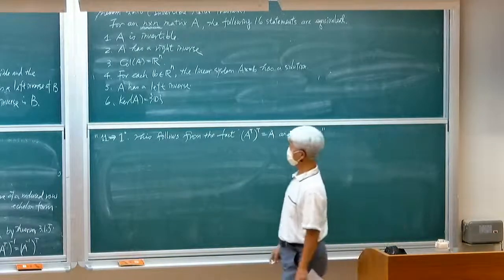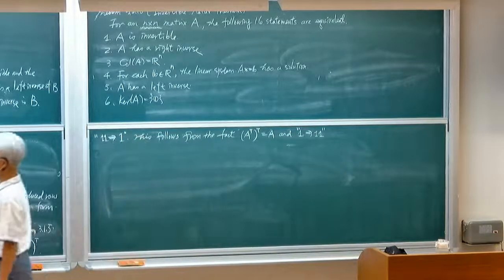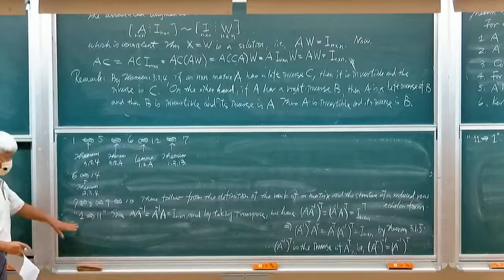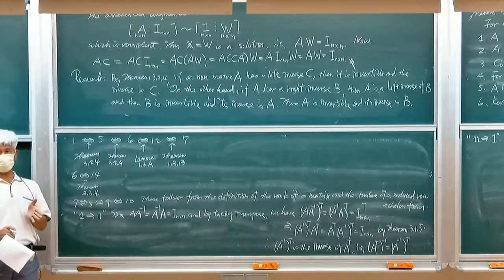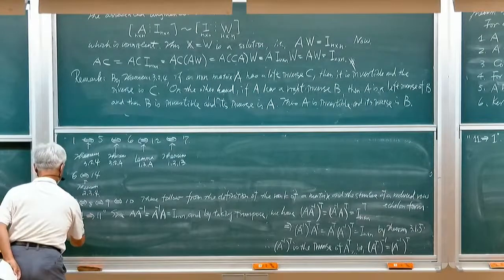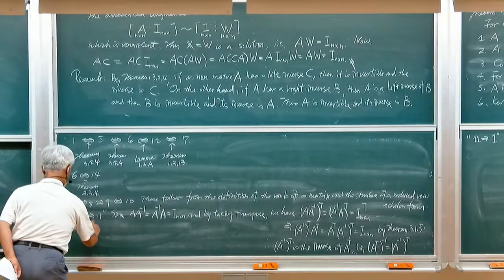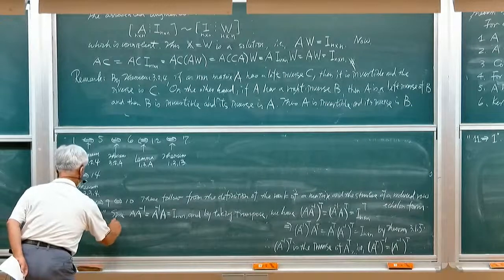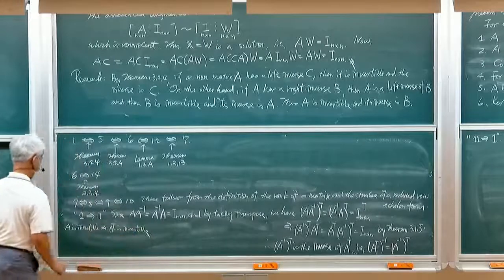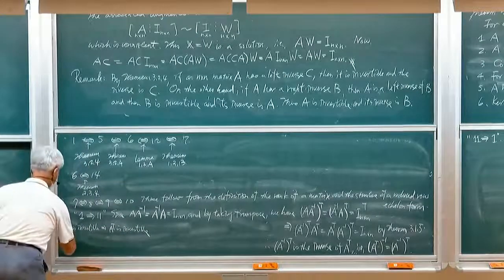Because the 1 implies 11 theorem says that if A is invertible, then A transpose is invertible. Now we replace A by A transpose.